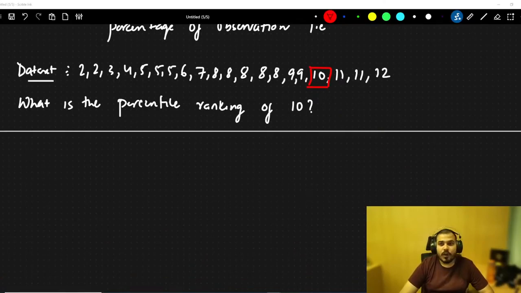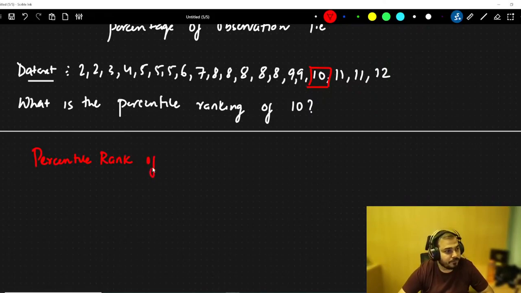How do we solve this problem? We solve it using a simple formula. I want to find the percentile rank of 10, so let's consider x is equal to 10.